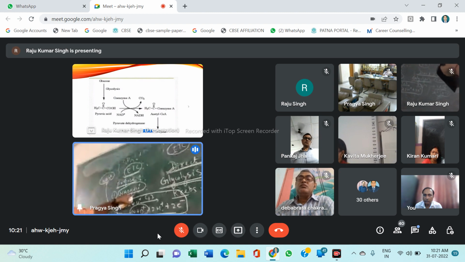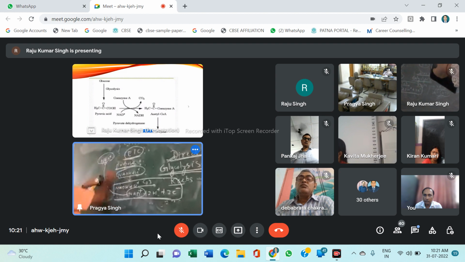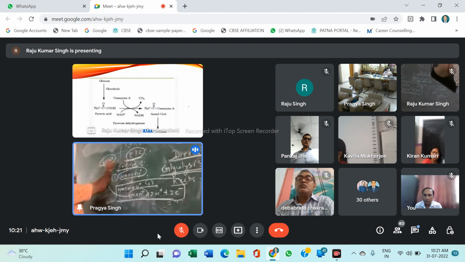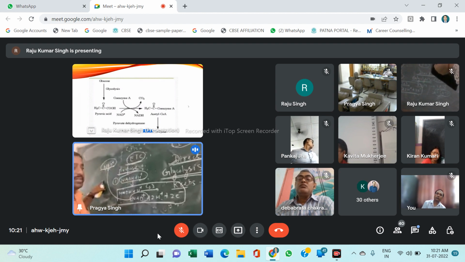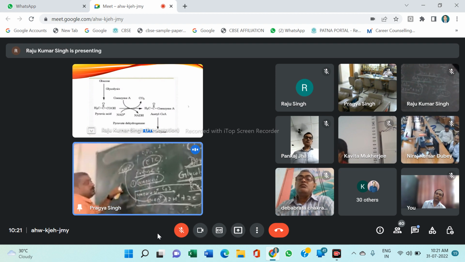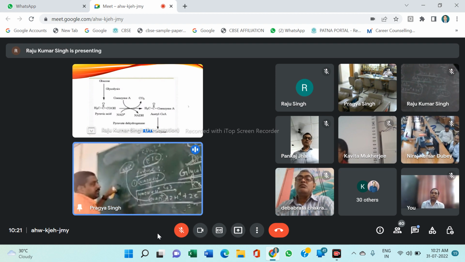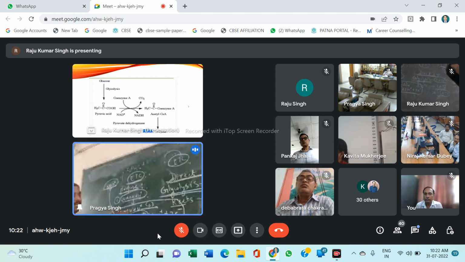If the NADH is not moving to the ETC, we cannot have reloading of NAD plus, so the Krebs cycle will stop. That is very, very important. This is the first significance of your ETC: reloading of NAD plus through the oxidation of NADH.